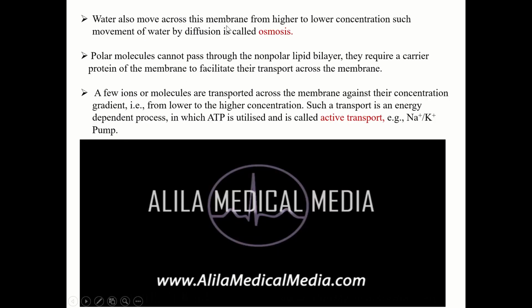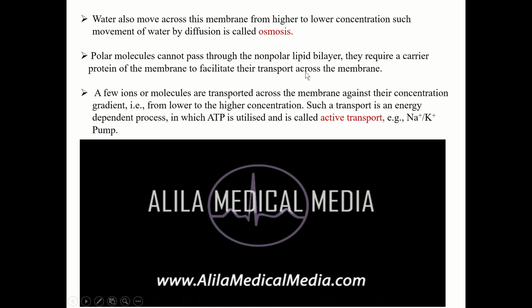Water also moves across the membrane from higher concentration to lower concentration, and such movement of water by diffusion is called osmosis. So osmosis is the term used for water movement by the diffusion process.